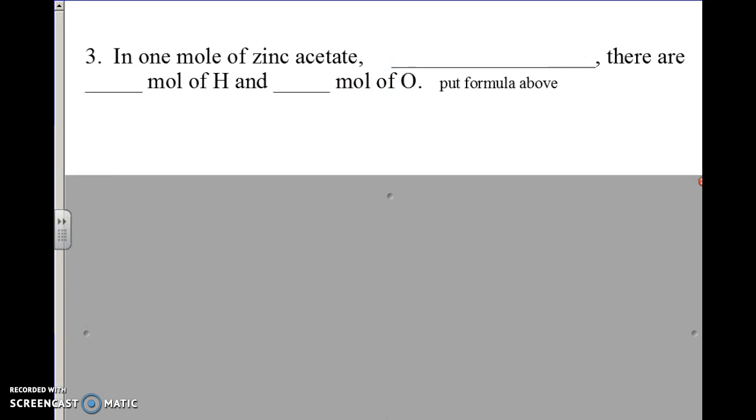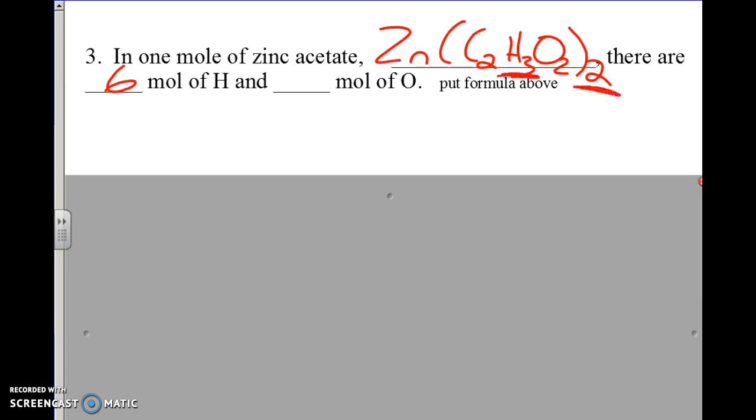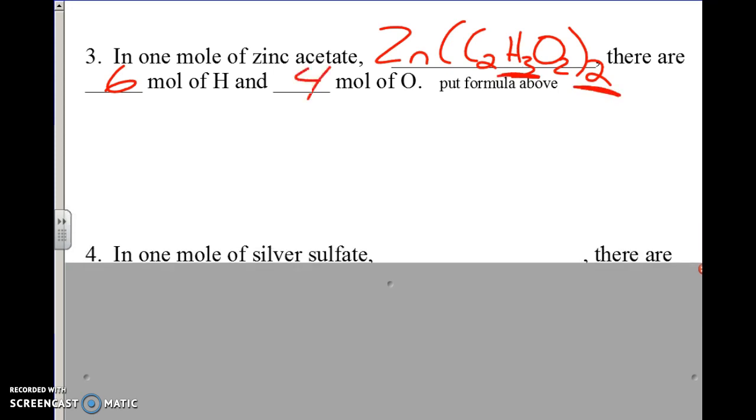In 1 mole of zinc acetate, which is C2H3O2, and then you need 2 of those to balance out the zinc, there are 6 moles of hydrogen. So there's 3 there, and there's 2 of these acetate groups, so that's 6 moles of hydrogen and 4 moles of oxygen.